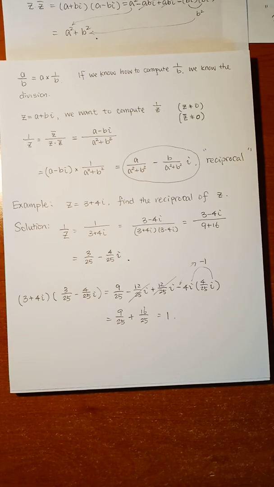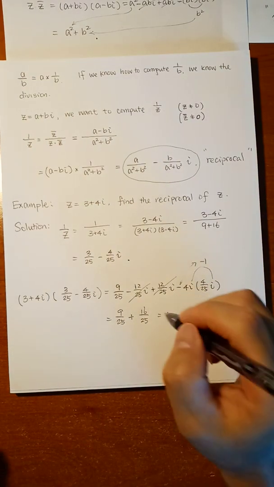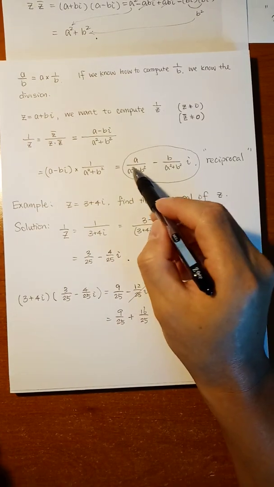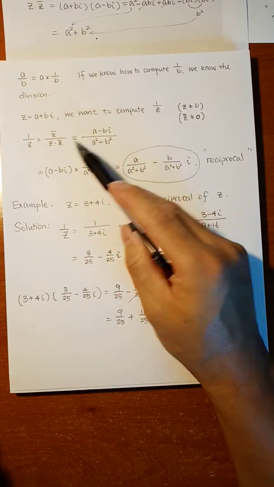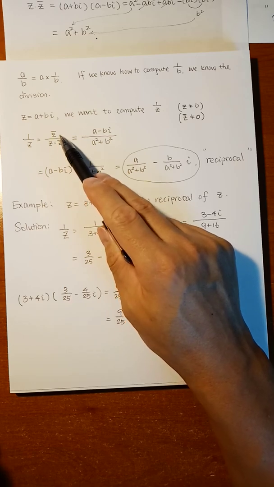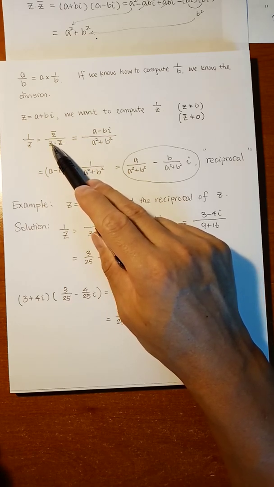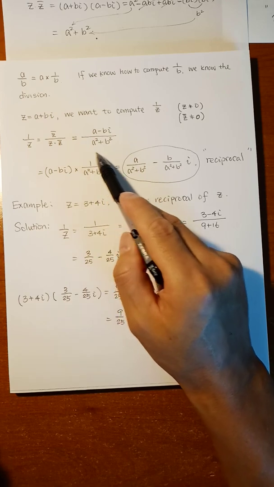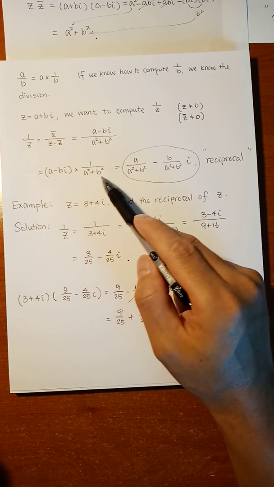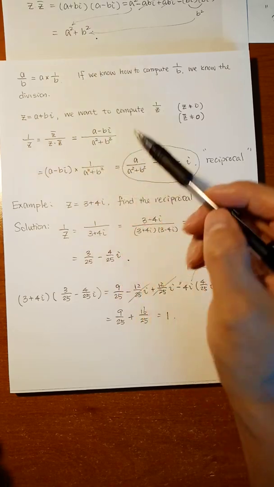Okay? So, very cool. This process depends on the fact that after multiplying top and bottom by the conjugate of the denominator, we make the denominator a real number. The reciprocal of a real number is still a real number.